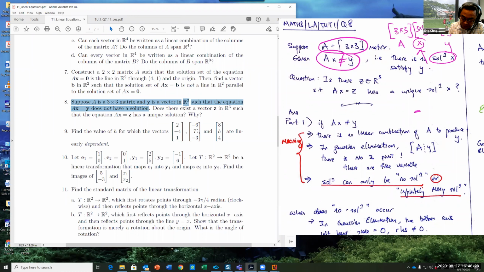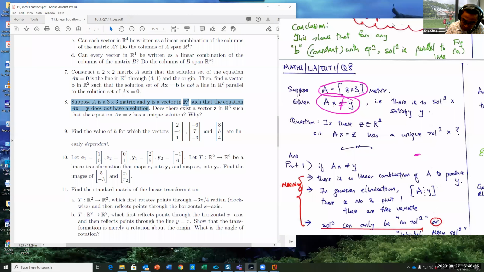And why is this so? The left-hand side is a 3 by 3 matrix multiplied by a 3 by 1 column vector, and the elements we can choose. Why is there no such Y? Now let's try to understand it from a very simple, naive example first.